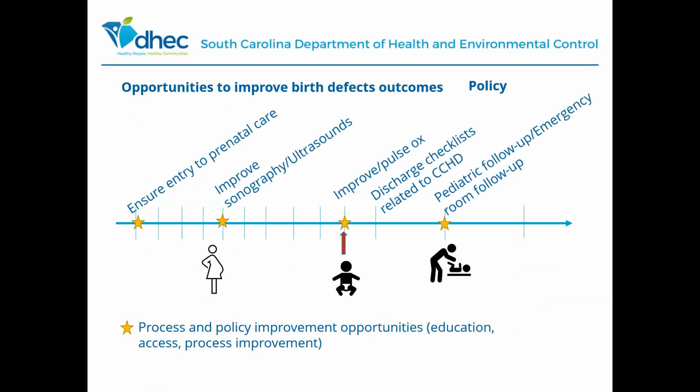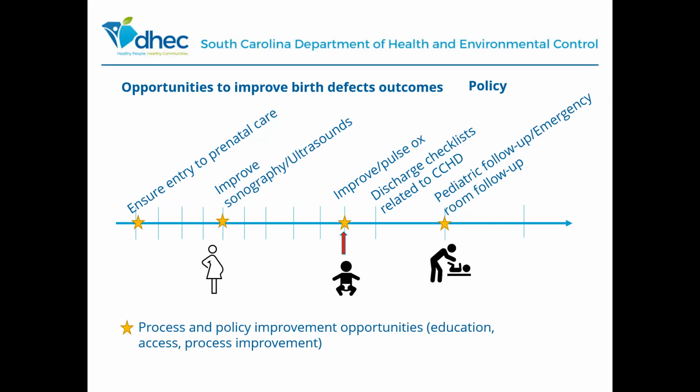So as potential policymakers or people interested in policy, when you think about birth defects, there are many opportunities to intervene and support policy. So ensuring that women enter prenatal care early and not assuming that they don't need it, or that maybe people are not sexually active, making sure that people are in care and entering prenatal care early is one of the best things you can do to support the prevention and the care of people with birth defects.